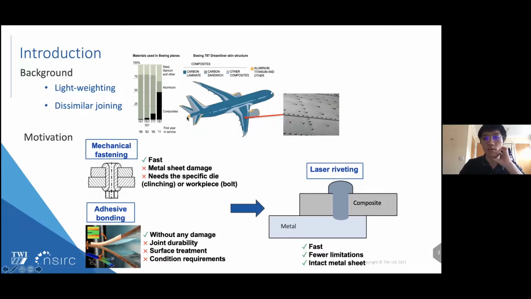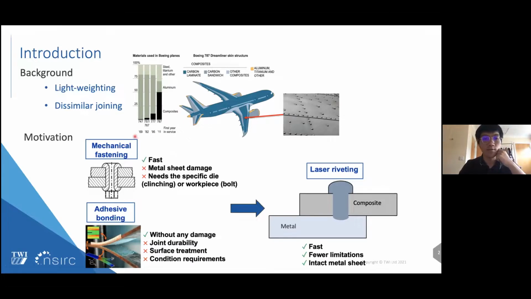So it is widely used in aerospace applications. In this picture, for example, the Boeing 787 aircraft, its body consists of half composite and the other half is aluminium, steel, and titanium. So the question is, how could we join them together properly?